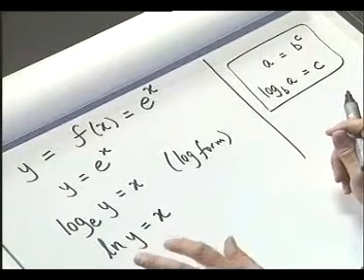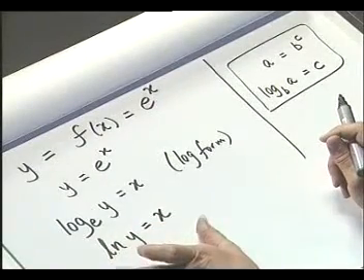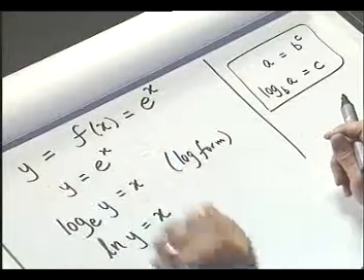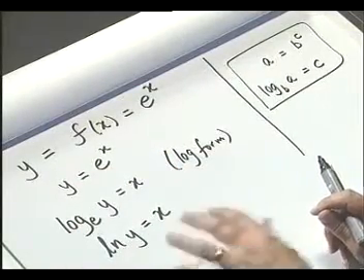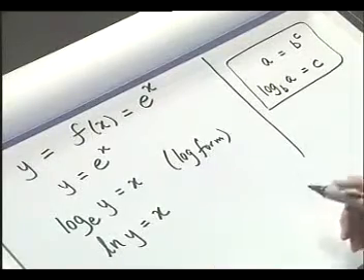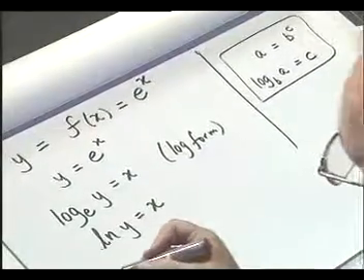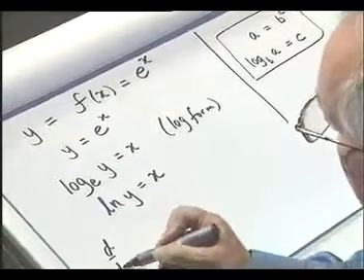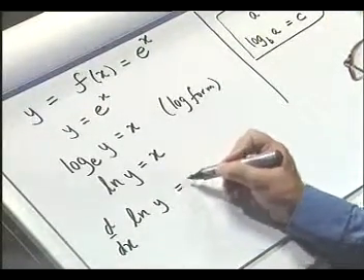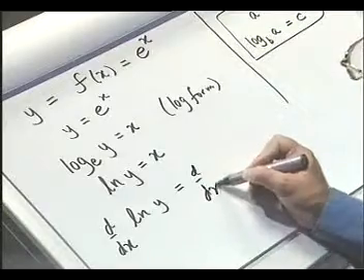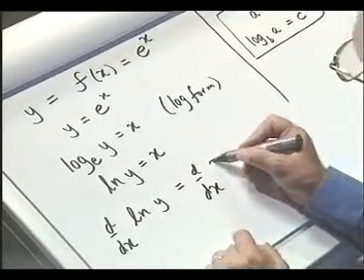And what I want to do is deal with this equivalent form instead of the original form. To differentiate this, I want to differentiate both sides with respect to x. So I want d by dx of the left-hand side to equal d by dx of the right-hand side.